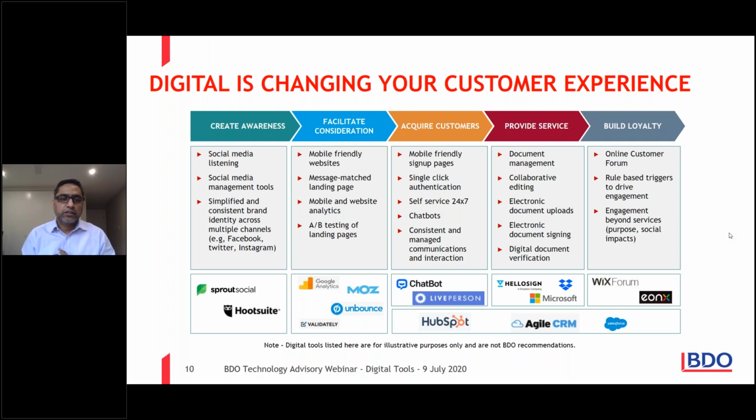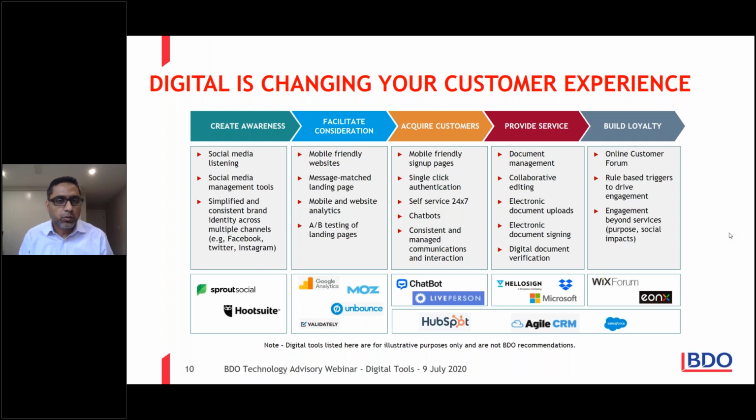Then it gets down to the next part, which is around the consideration, facilitating consideration. And in here, having a mobile-friendly website where the moment they see a message on their Facebook feed, they click on that, and it takes them to a mobile-friendly website, which is context-specific. It gives them the information that has brought them into your website.